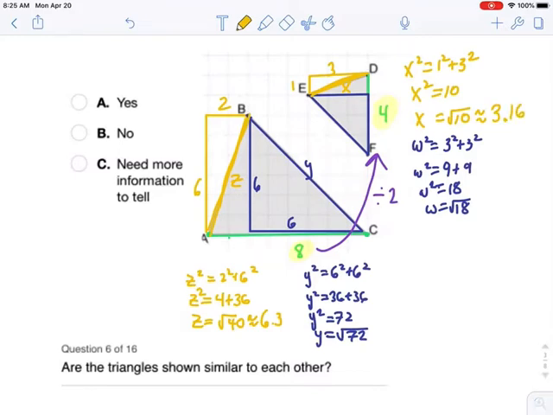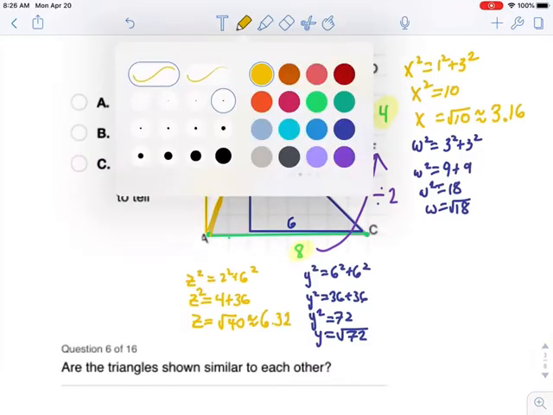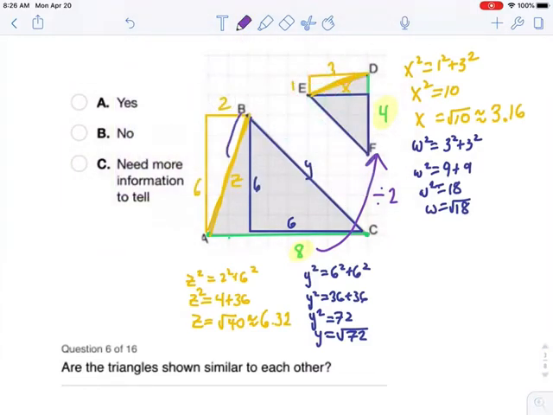That was 6.32. There is some rounding going on, but overall, that's again dividing by 2. The bigger triangle has to be divided by 2 to get to the smaller triangle, and then the last side, let's just confirm that works.